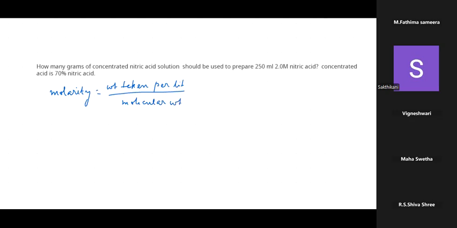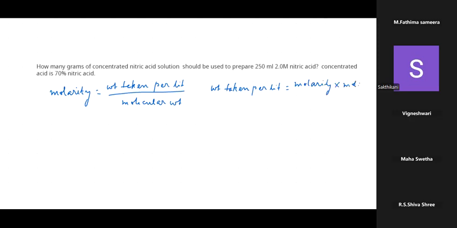From this, the weight taken per liter is equal to molarity multiplied by molecular weight. I am just cross multiplying.